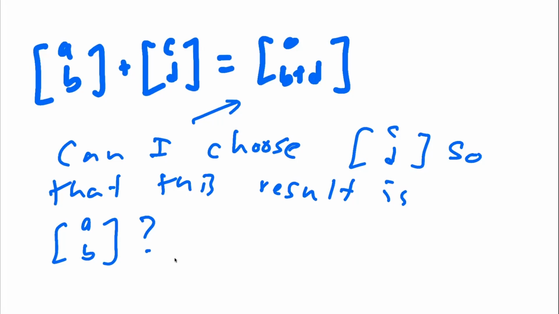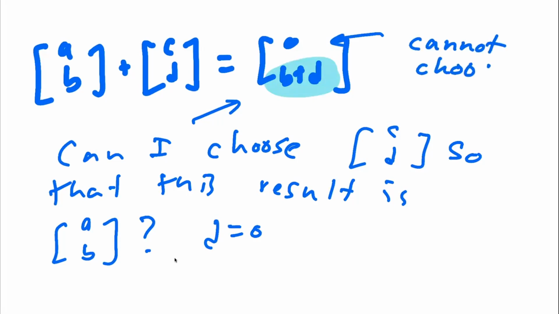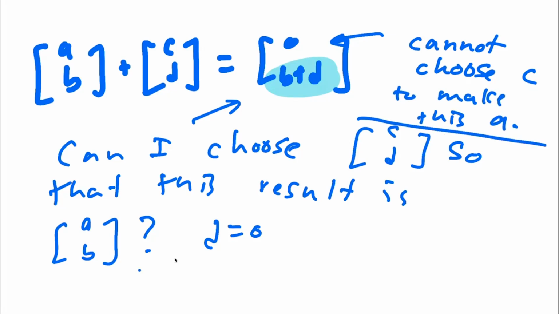But you can see if I choose d equal to 0, that would be a good start, because if d is equal to 0, then this guy here is going to be what I want it to be. But there's no choice of c that makes this a. Does everybody see that? I cannot choose c to make this a, right? There's no 0 vector.